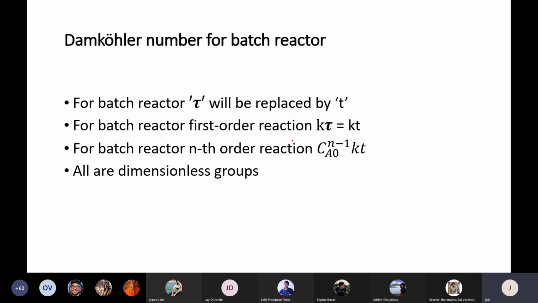So for batch reactor, first order kinetics, the Damköhler number is kt, and for plug flow reactor or mixed flow reactor, this will be k tau. And the Damköhler number for nth order reaction will be C_A0 to the power n minus 1 times k t or tau, either small t or tau for flow reactors, and all are dimensionless groups. So you have to remember this.